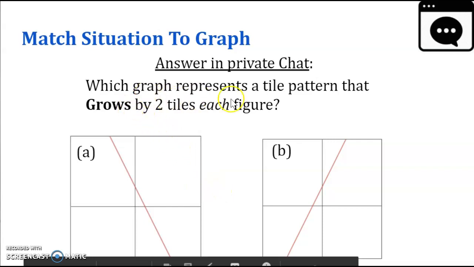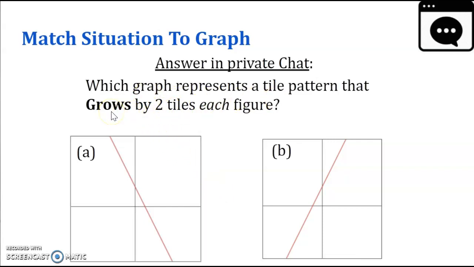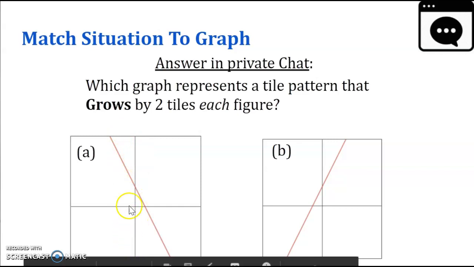So let's recall the tile growth. If the tile pattern is growing by 2 tiles, which graph would be representing the situation? Okay, so again, the tile pattern is growing. That means the output, the y-axis output, is increasing as the input, the figure number, increases.